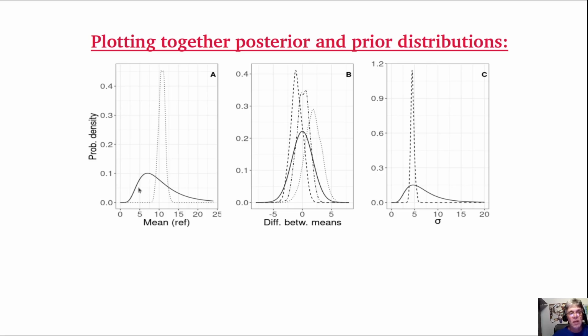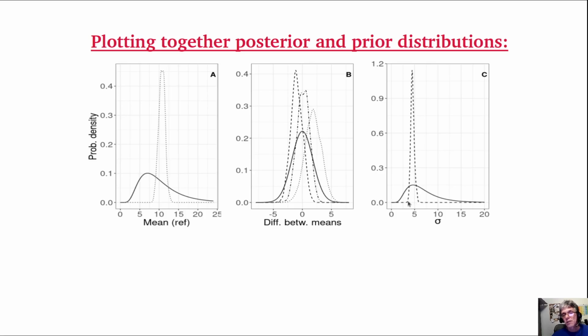We see that we have substantially refined the mean of the reference group, and more or less the same occurs with the differentials of means between each of these groups and the reference group.